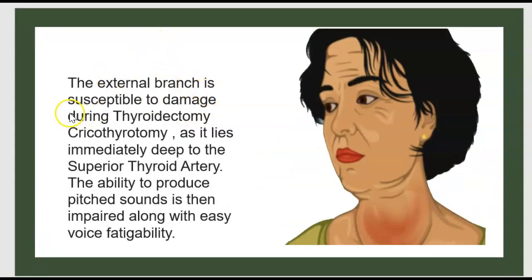The external branch is susceptible to damage during thyroidectomy, as it lies immediately deep to the superior thyroid artery. The ability to produce pitched sound is then impaired along with easy voice fatigability.